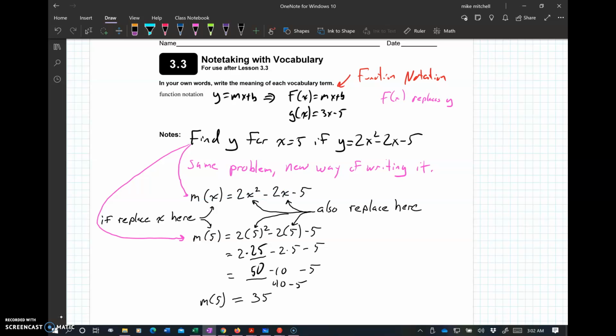And that's our function. Again, very similar to the regular notation you've had before with y equals, except we're replacing the y with the function. Now, if I put a number in here, I take out the x. Notice, everywhere there's an x, I take out the x and put in 5.